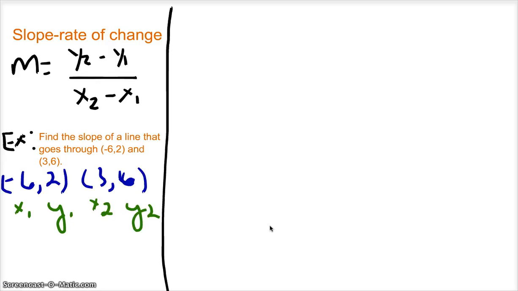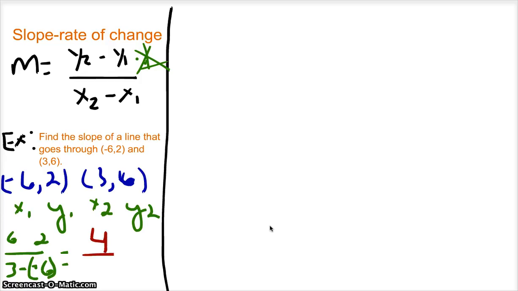Then we plug into the formula. So y2 is 6 minus y1, which is 2, over x2, which is 3, minus x1, which is negative 6. Then we go straight across. 6 minus 2 on the top is 4. And 3 minus negative 6, so both of these change, is 9. I can't reduce 4 over 9, so that is my final answer.